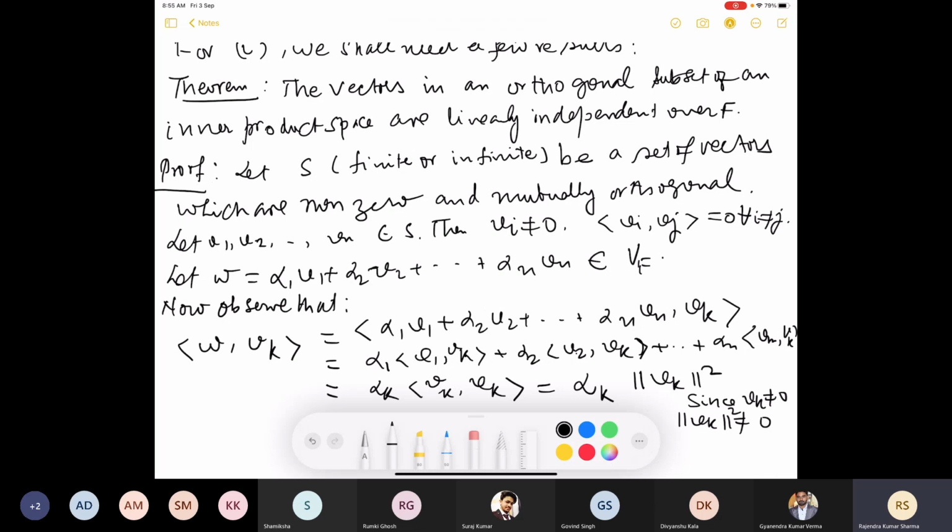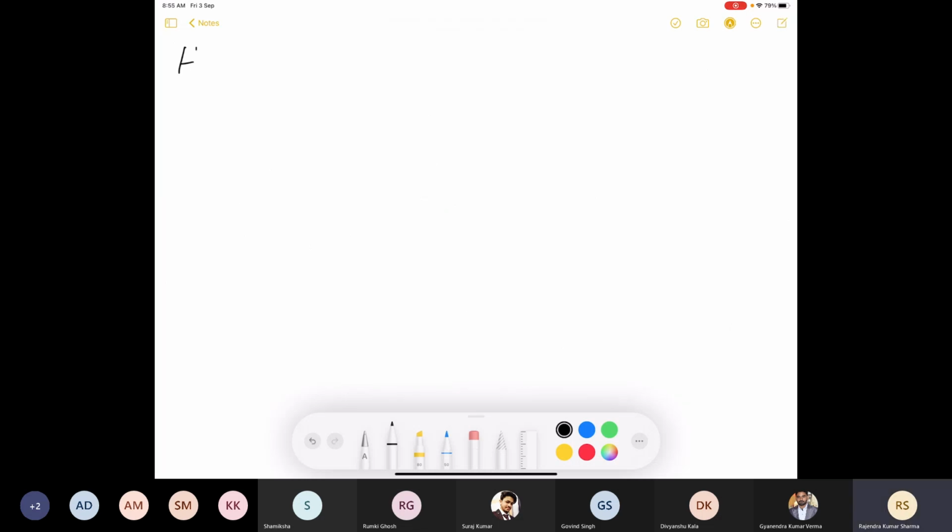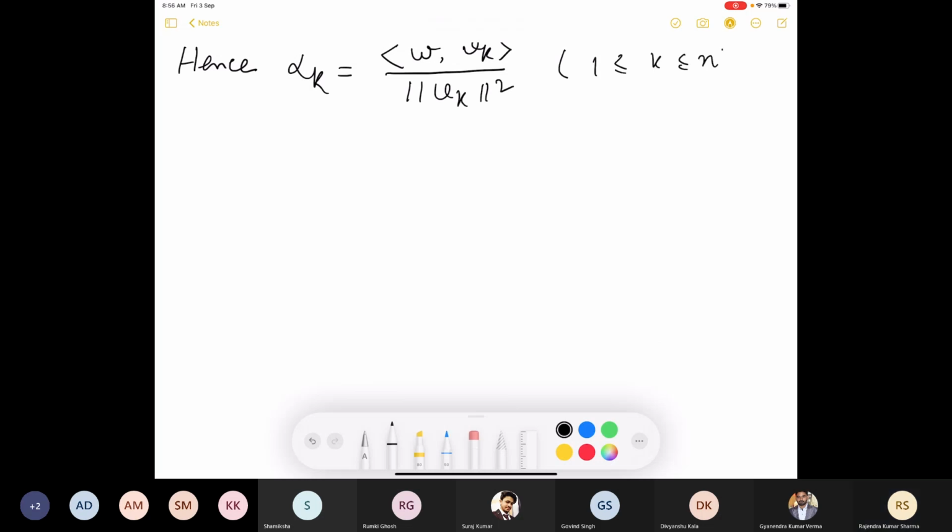So what we get from here is that alpha k is the inner product of W with Vk divided by norm of Vk square, and this happens for every k from 1 to n. Okay.